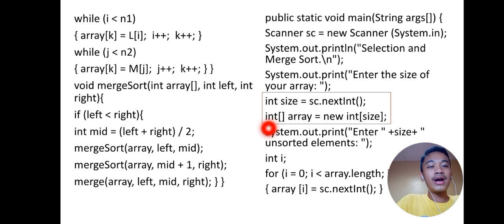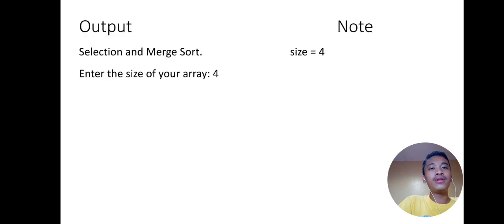Next we have the initialization of our array equals new int size. So the size of our array is the number inputted by the user into our variable size. For example, if the user inputted 4, then obviously the size of the array is 4.